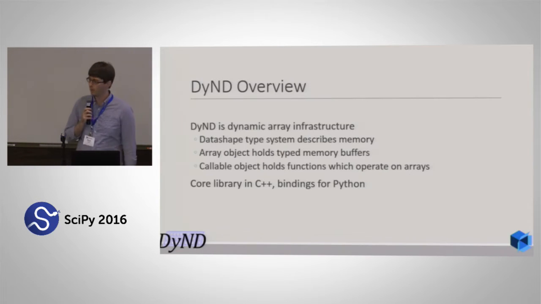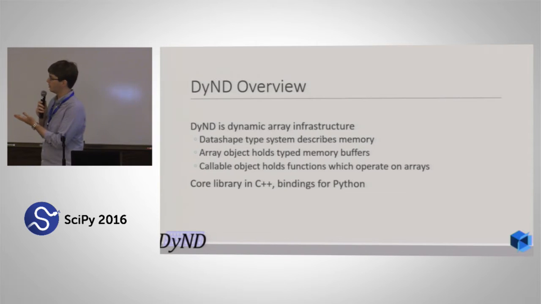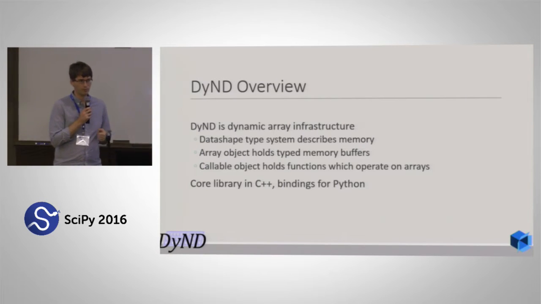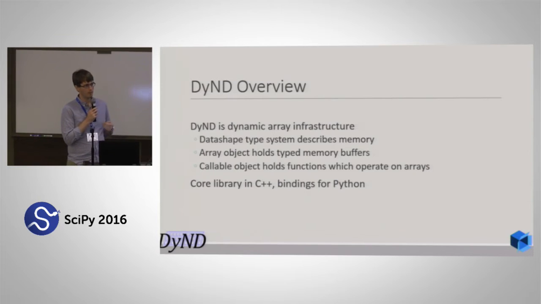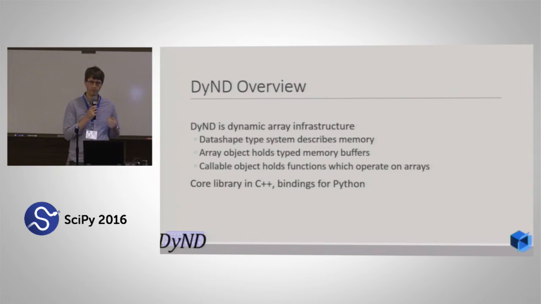So what I think of DyND as is dynamic array infrastructure. It's a library for doing array programming and also for building systems that want to deal with dynamically typed array data and interoperate with other systems which are speaking the same language.